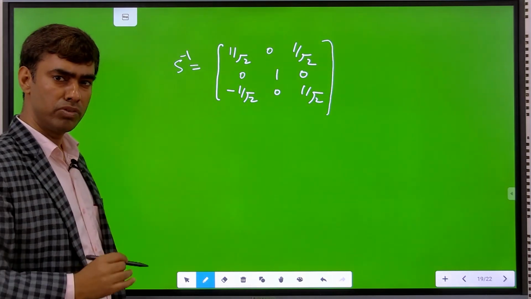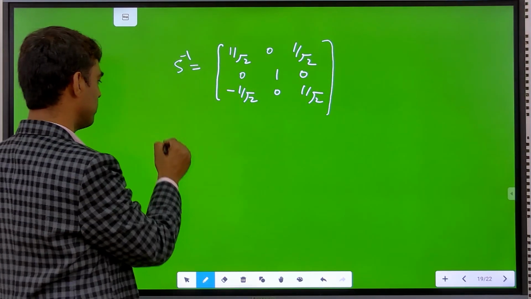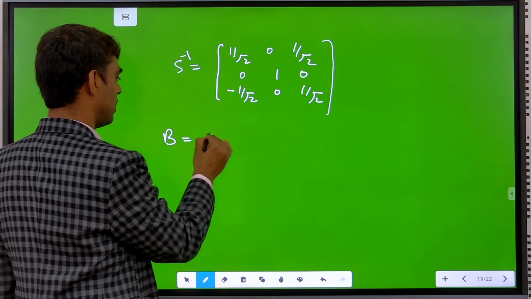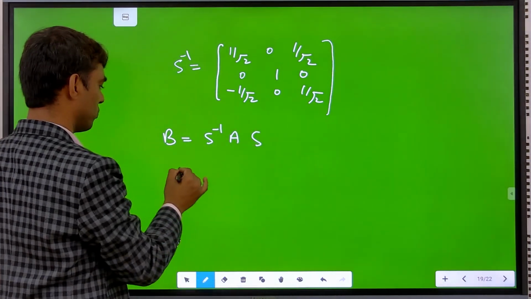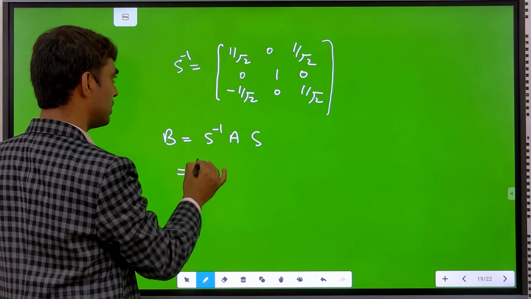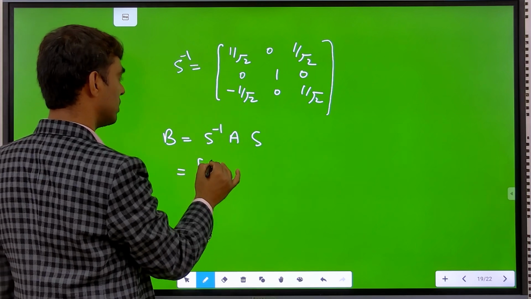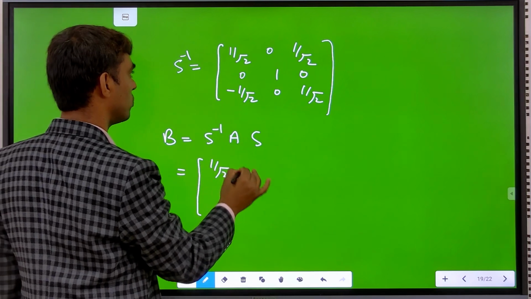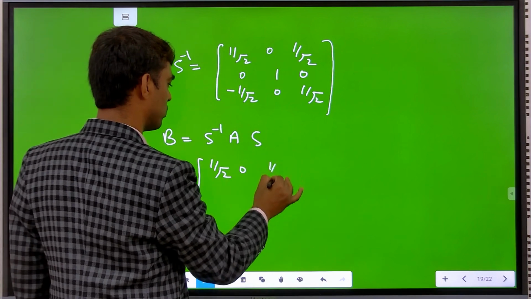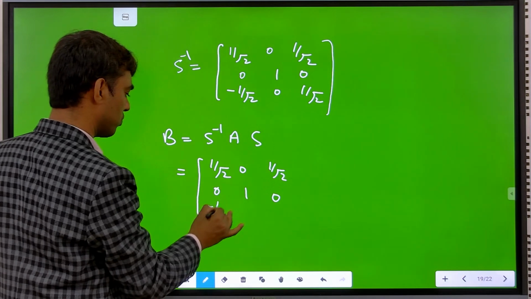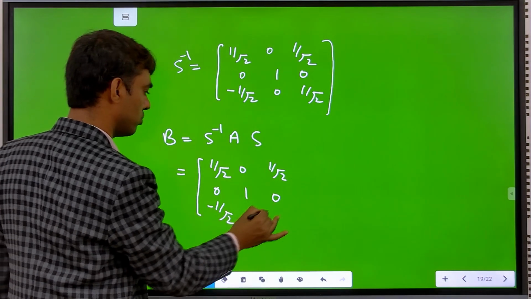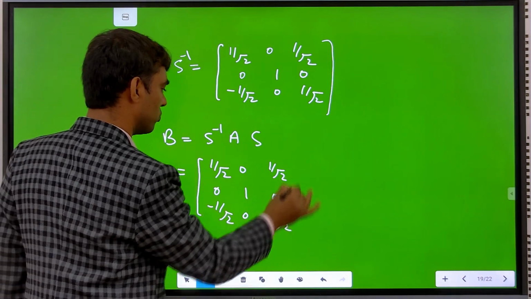Now, in order to find a similar matrix, we find B equal S inverse A S. Here we write S inverse, which is 1 upon root 2, 0, 1 upon root 2, 0, 1, 0, minus 1 upon root 2, 0, 1 upon root 2.